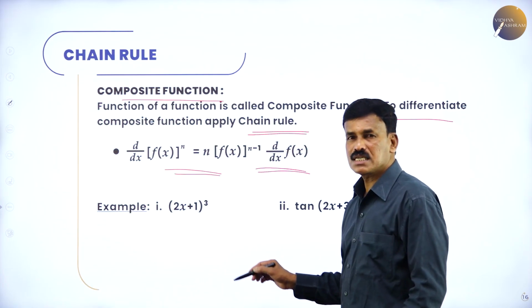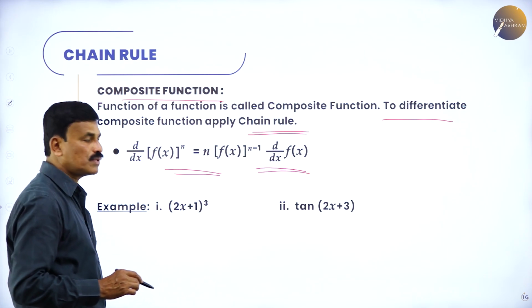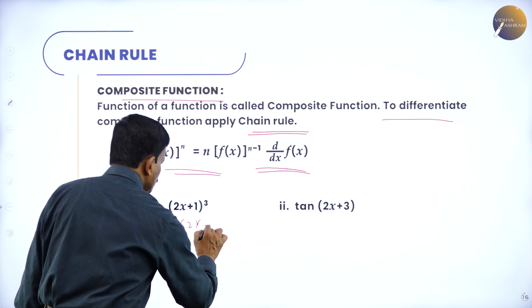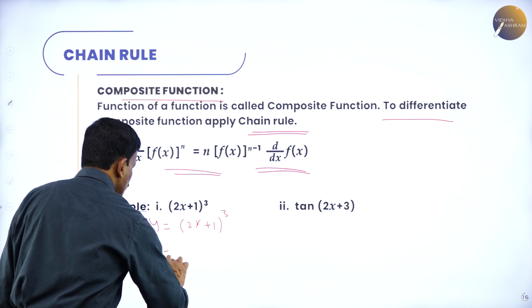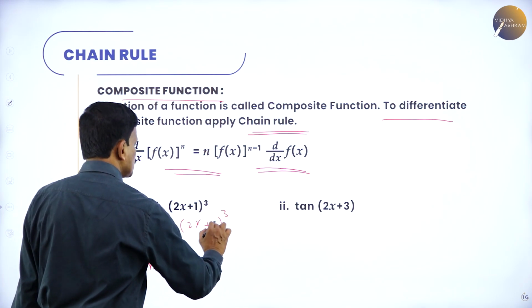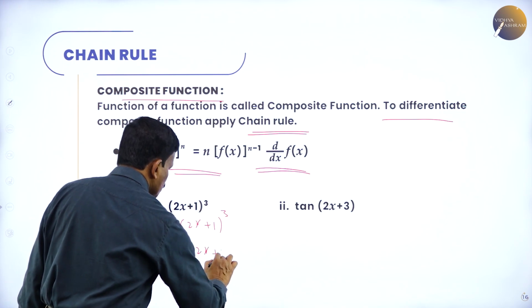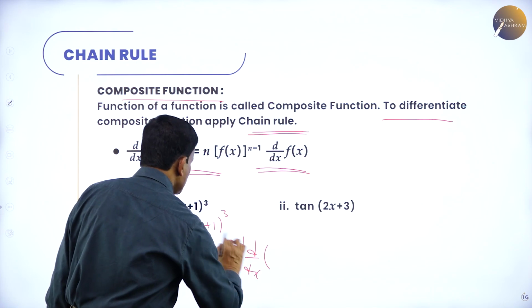Now, let us take an example. Differentiate y is equal to 2x plus 1 whole cube. Differentiating with respect to x, dy by dx is equal to, this is f of x to the power of n. What is n? n is 3 into 2x plus 1 whole to the power of 3 minus 1 into d by dx of the inside function.